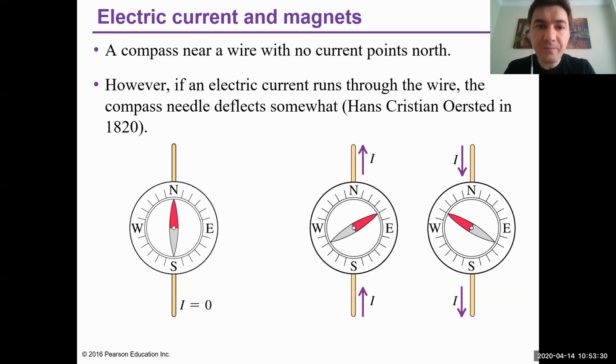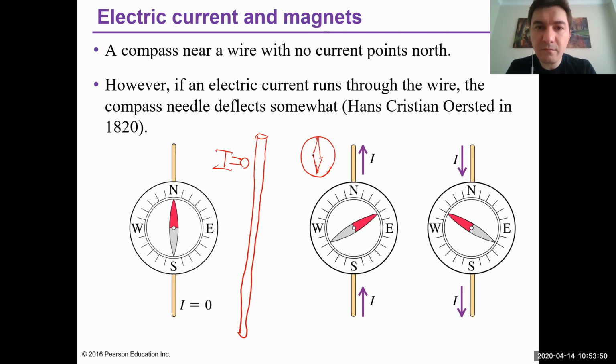So here we have a wire, okay, a conducting metal wire, let's consider, and the current is 0. There is no current, and here I have a compass. And I am taking that compass on top of that wire, okay?